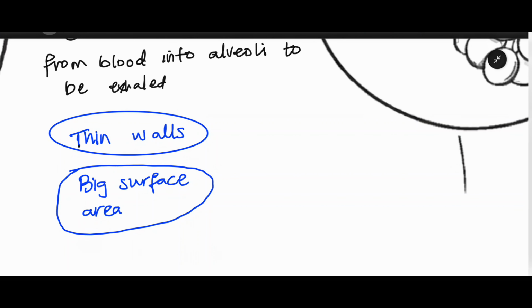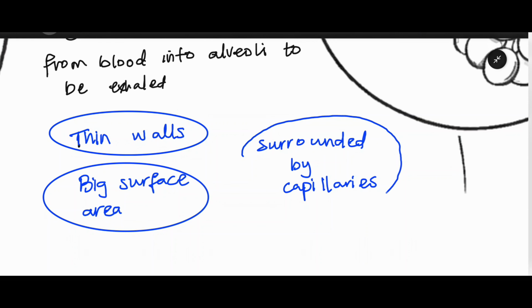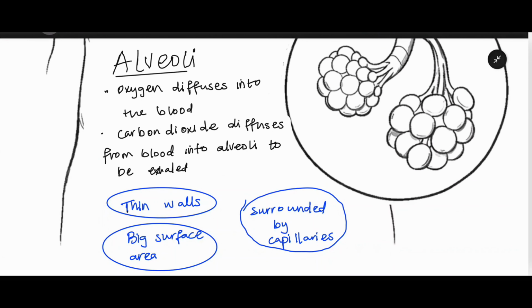And lastly, alveoli are surrounded by loads of capillaries, which gives it a good blood supply and allows for effective diffusion. Okay, so that's what you need to know about the function of alveoli, these little air sacs.